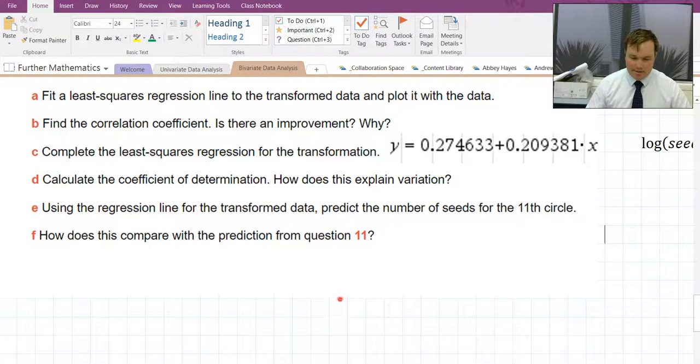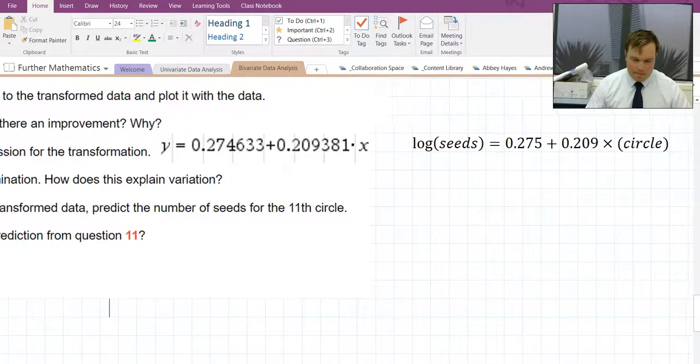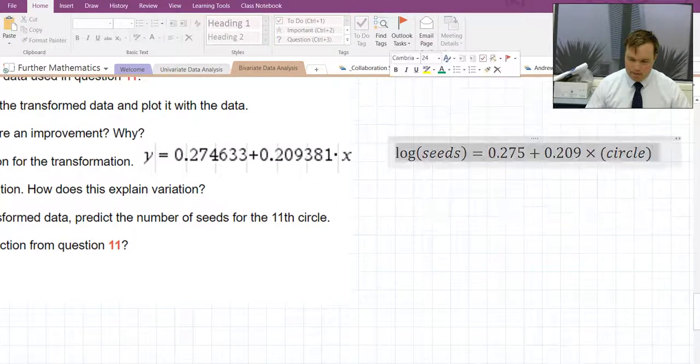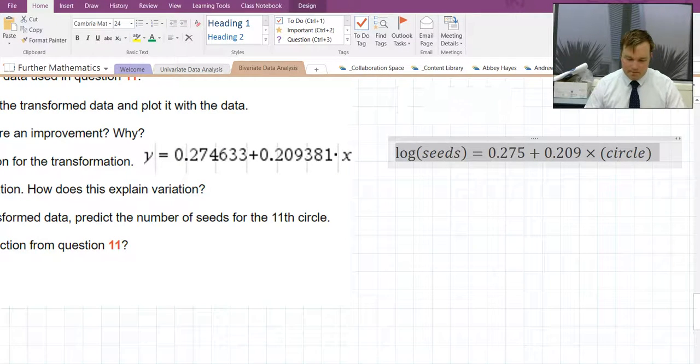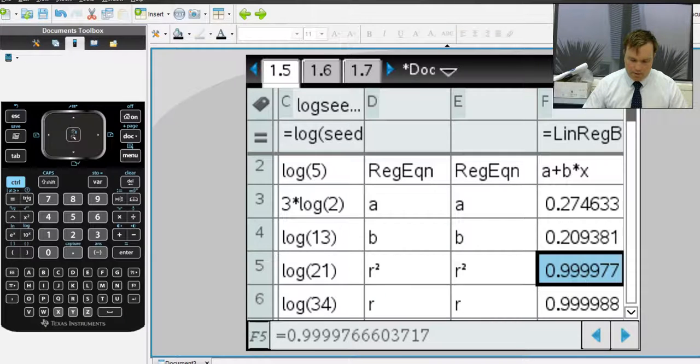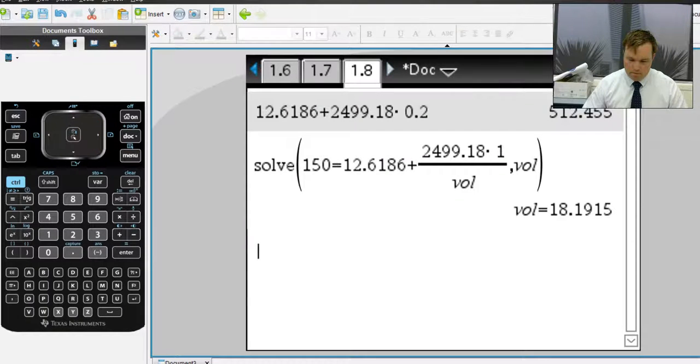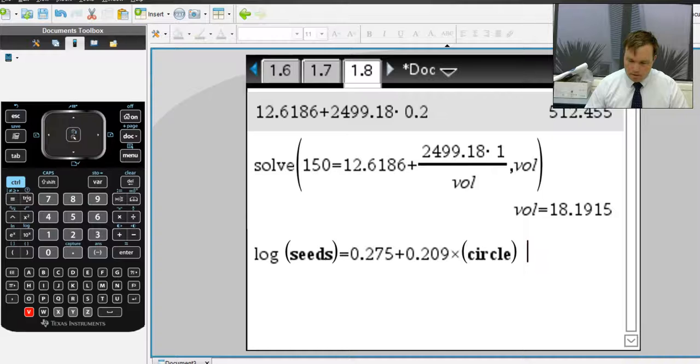Alright, I'm running out of time here because class is about to start. You would take this value here, and what you would do is substitute this into your calculator. I wonder if this will let us do it. Except here, we're going to solve for the number of seeds, x.